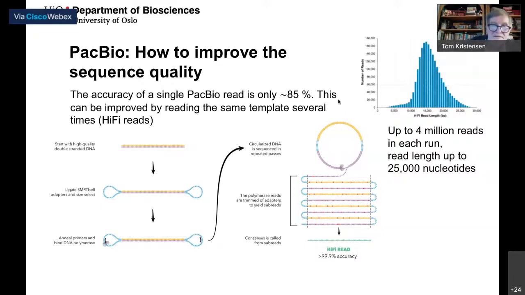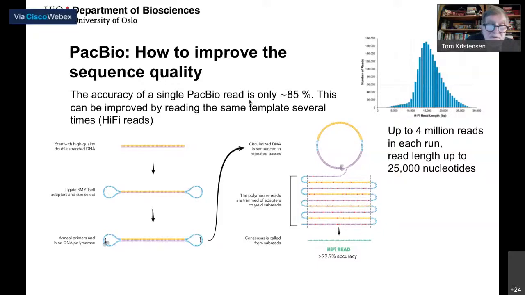And since the errors, as I said, we have maybe 15% errors if we do a single read. These errors are more or less randomly distributed along the template, which means that if we read the same sequence once more, whatever errors we have will not be in the same position as in the first run. And if we read it even more times, you can end up with a very accurate sequence.